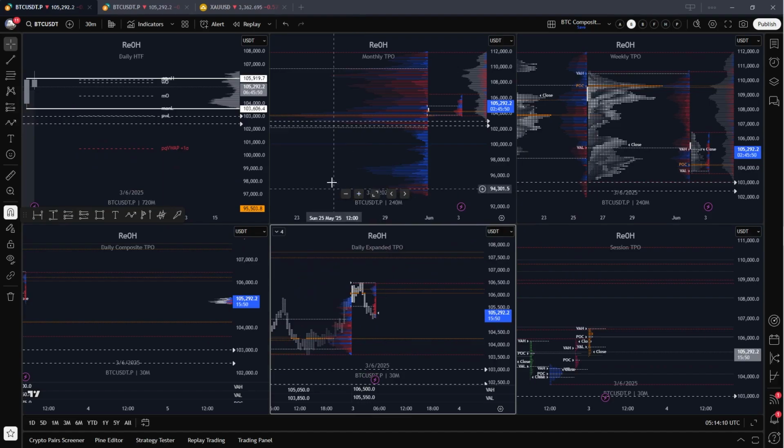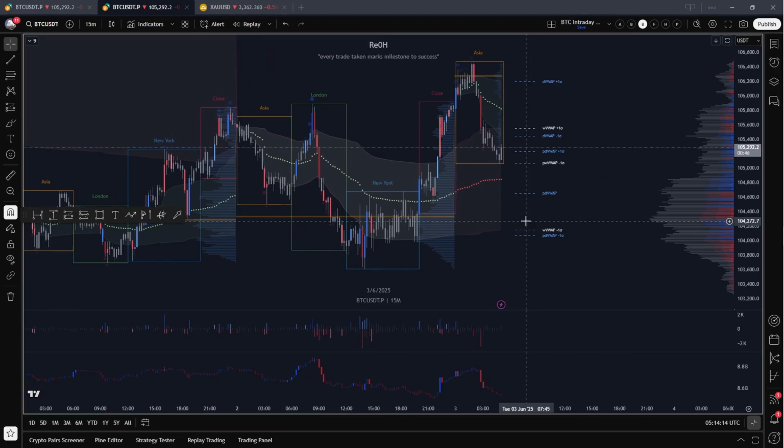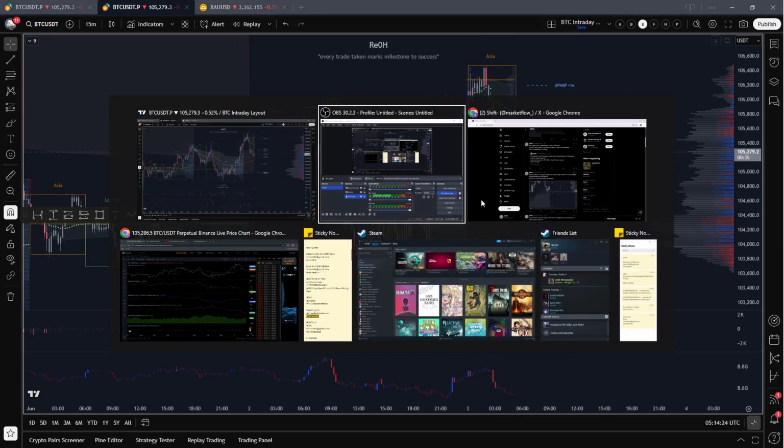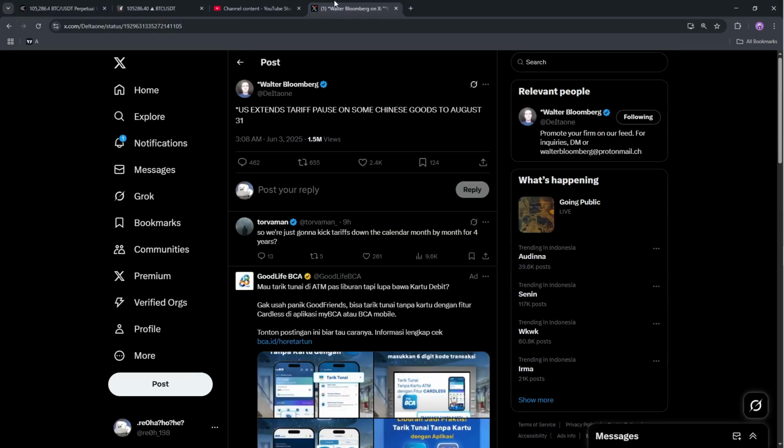Flow wise, just like yesterday, this is a pretty good VWAP reclaim. On the session close, we see news from Walter, which said that the US extends tariff pause on some Chinese goods to August 31, which is just a trigger to go higher.